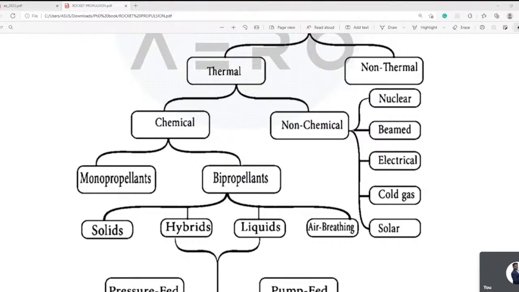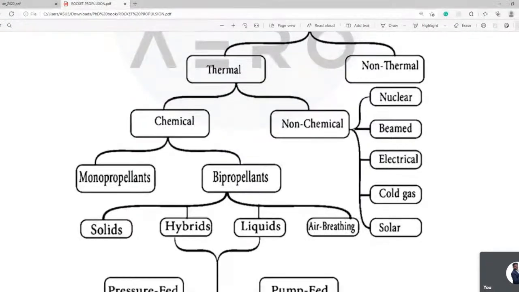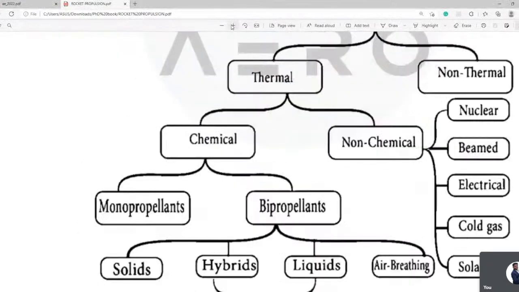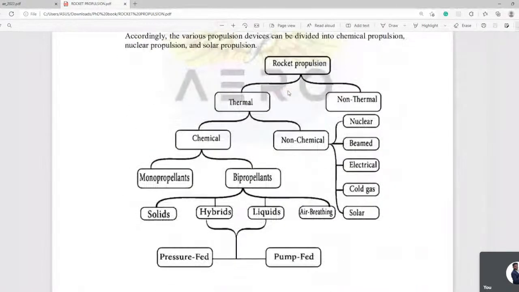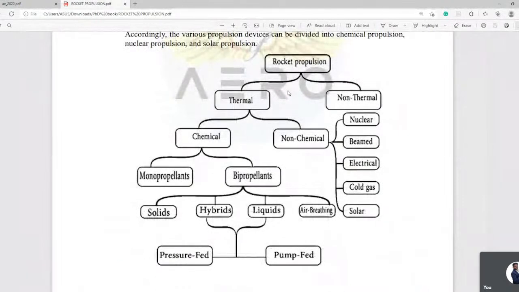Right. Now there are some topics. Yes, as you have said about the nozzle, this is very, very important. How can you classify or distinguish a rocket propulsion nozzle and an air-breathing nozzle?